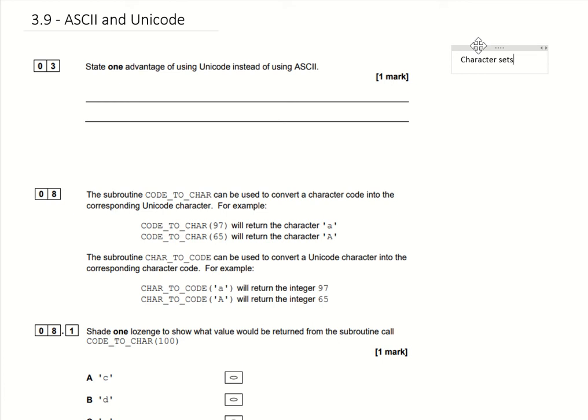In a computer system, there'll be lots of character sets stored which represent all the letters of the alphabet, A, B, C, D, and so on, all the different numbers, 1, 2, 3, 4, 5, and symbols and shapes such as question marks and percentage symbols. All that is stored inside the computer, and it knows that when I press a certain key on the keyboard, for example, it can turn that into an ASCII or Unicode equivalent, and then the computer knows how to turn that into binary. It's a very basic way of understanding it, but that's ultimately how it is.